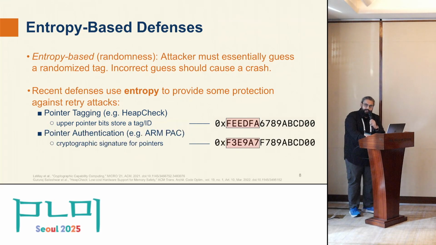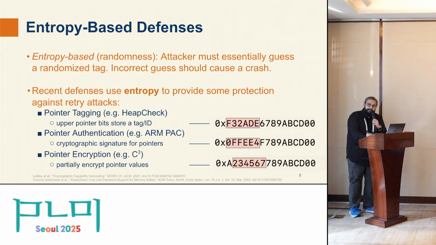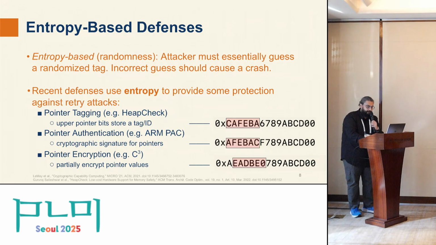Pointer authentication, on the other hand, stores a message authentication code. And then there are techniques such as pointer encryption, which partially encrypt pointer values. The core idea is the same. An attacker needs to guess the random value to forge a valid pointer.